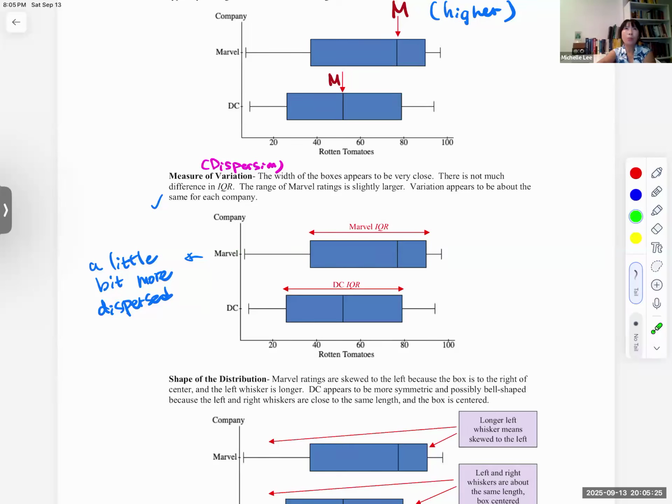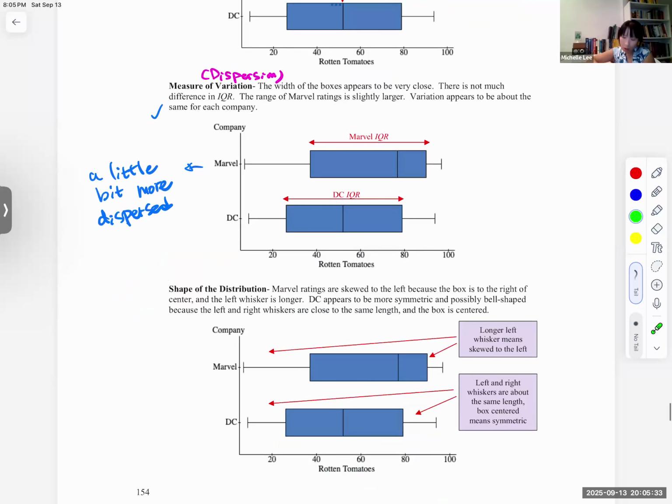Okay, shape of the distribution. So we can see that longer whiskers left, bigger box left, so skewed to the left. We can see that, right? Skewed to the left. And look, the box is similar and the whiskers are similar, right?